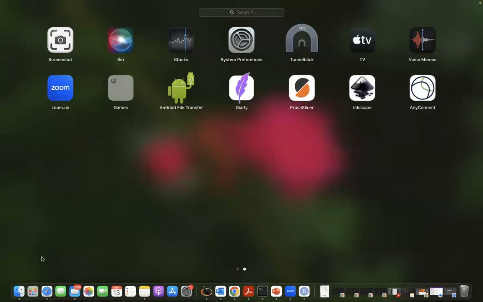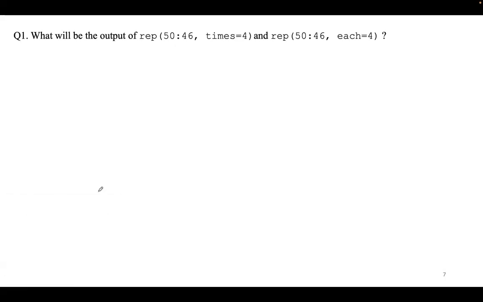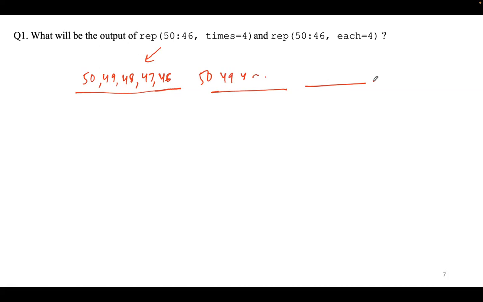Good. So this one here, it's going to be 50, 49, 48, 47, 46. That's one time. And then 50, 49, 48, second time, third, and fourth, right? Like this.